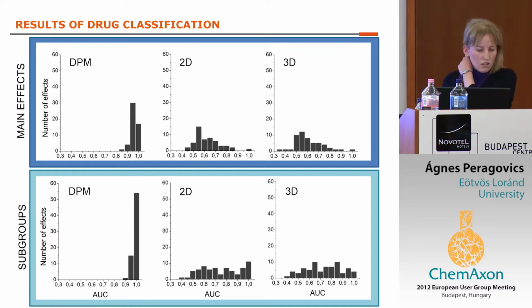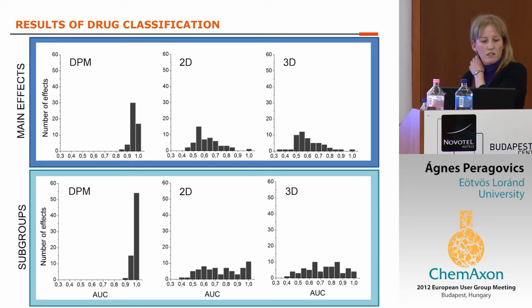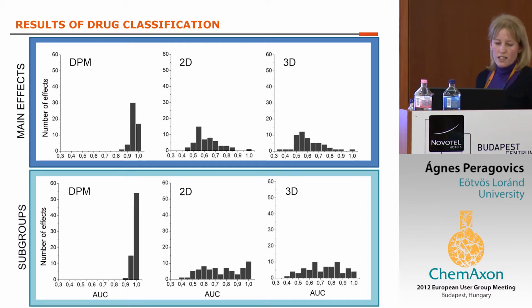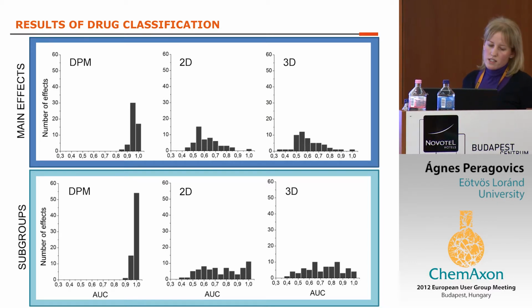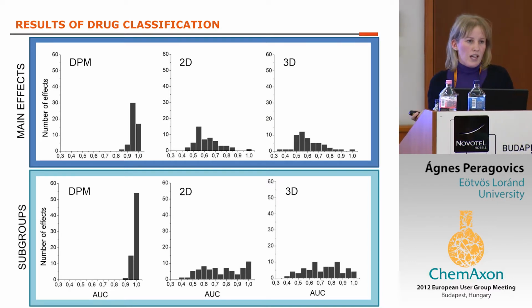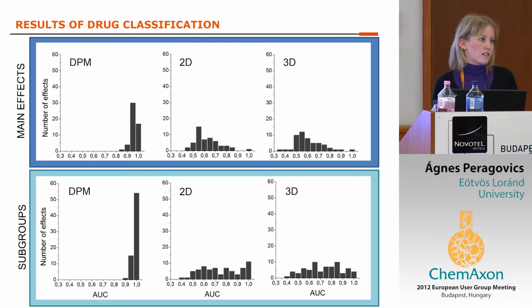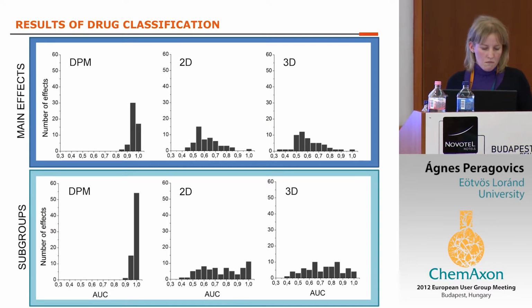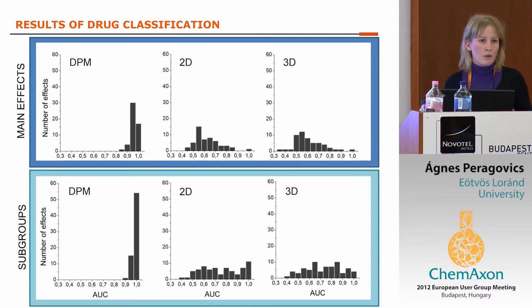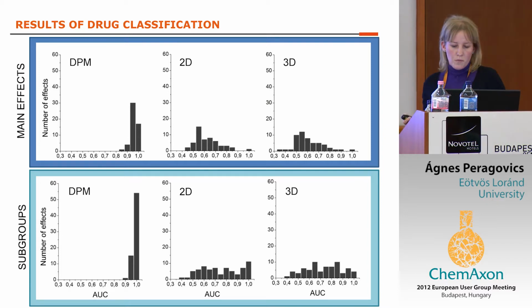At this point, we wanted to find out for which effects this docking-based method adds extra predictive power. So for which effects is it worth using the more complex method, and which effects can be handled effectively by the traditional searches.